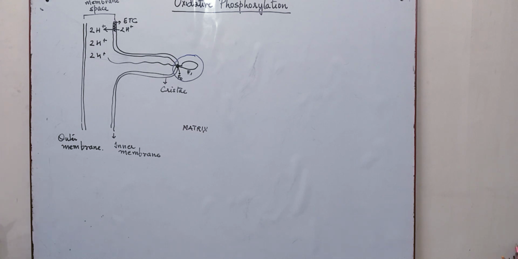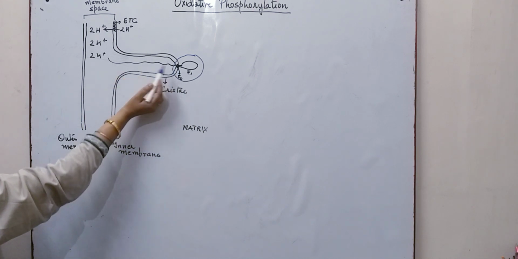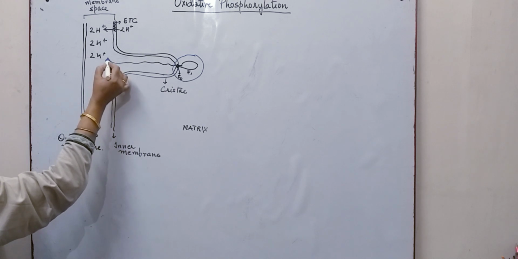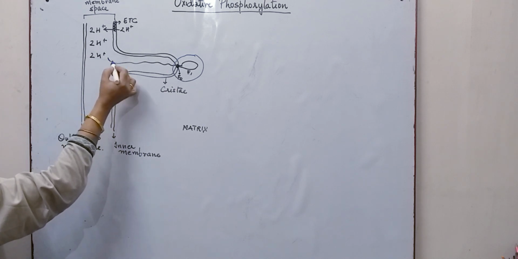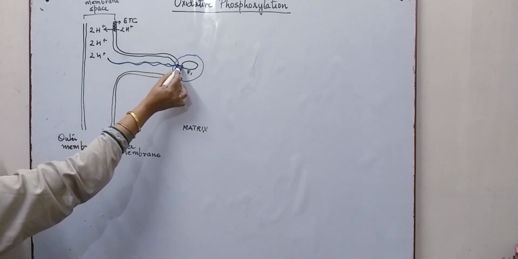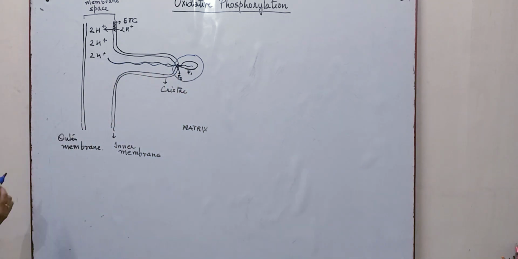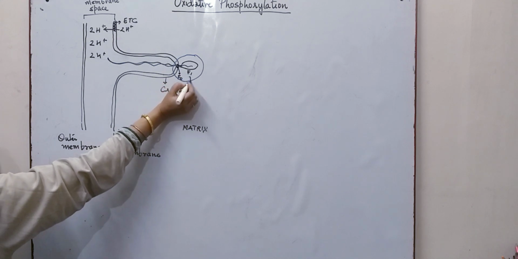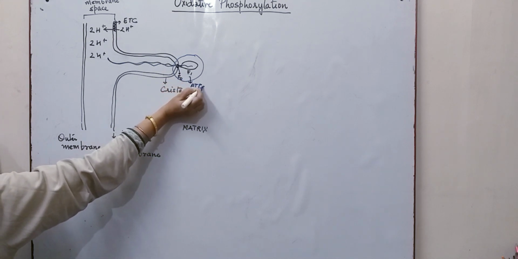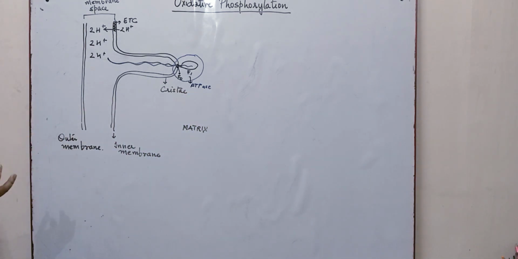Now, when the proton is being transferred, the proton has a certain amount of energy. F0 is embedded in the inner membrane, as you can see here. When this hydrogen ion or proton having energy passes through F0 and then through F1, it will release a certain amount of energy. This F1 particle also acts as ATPase, the enzyme used for the synthesis of ATP.